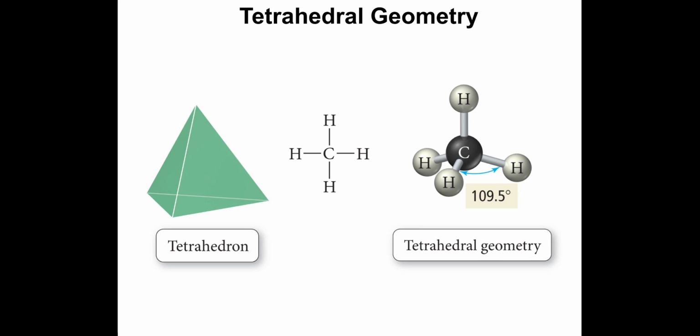If you change the atoms, if one atom is bigger than the others, like if I replace one of these with an oxygen, which tends to have more electron density, it might take up more space. Or if there's a double bond, we'll talk about that more later. But the take home point here is if you've got 4 electron groups, they're going to arrange themselves to minimize repulsion, and that ends up giving you your tetrahedral shape, and that's 109.5 degrees here.